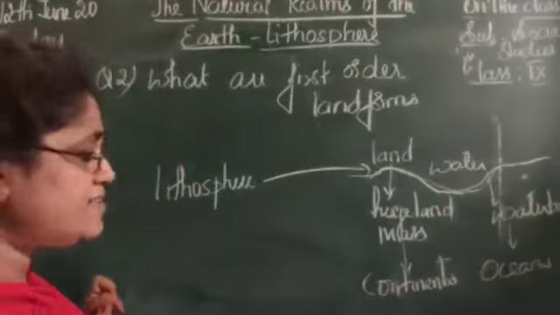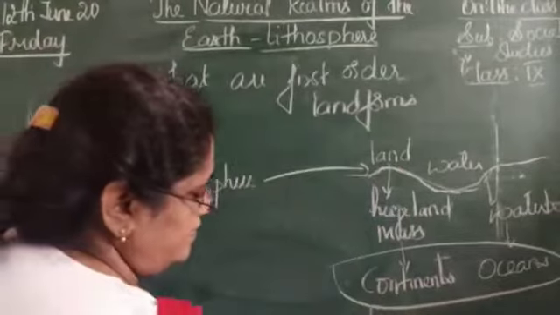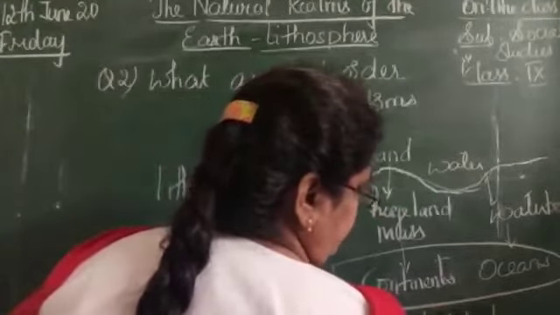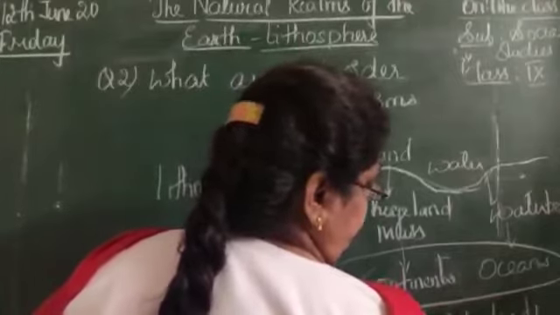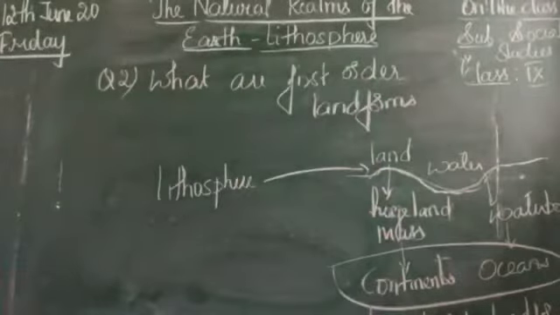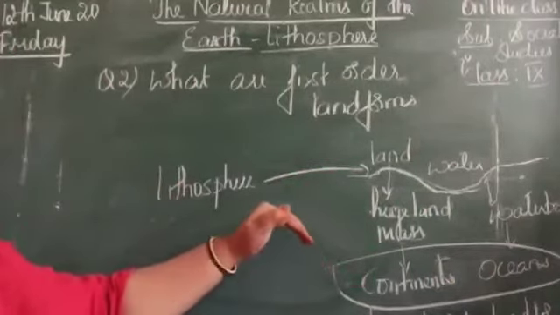Clear? These two, we call them first order landforms. Clear? So this is how we call them first order landforms.